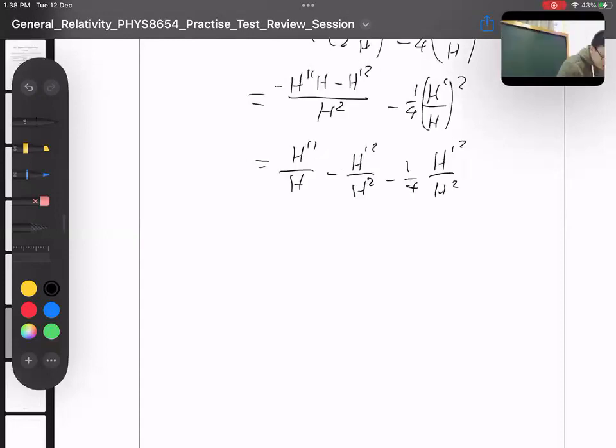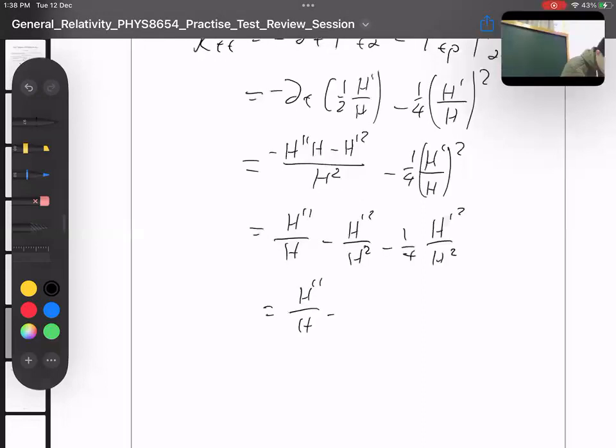And then you get something like h double dot over h minus... is that right? Minus minus. Okay, so this should be minus and this should be plus. My math is terrible today. So this should be 3 over 4. So that's basically the Friedmann equation, right? So you get h double dot over h, and h dot squared over h squared. So this is the gist of the question.